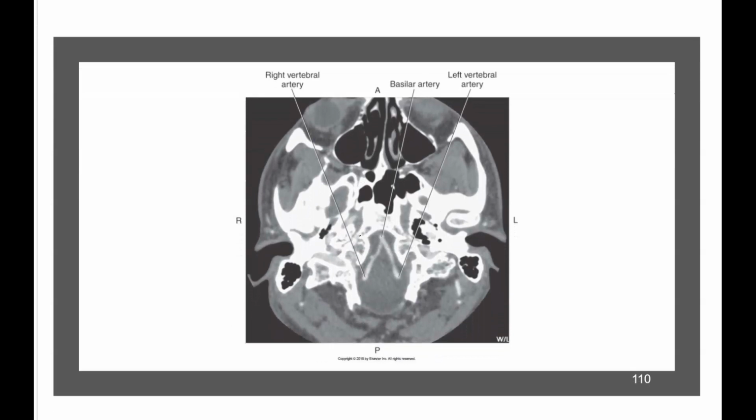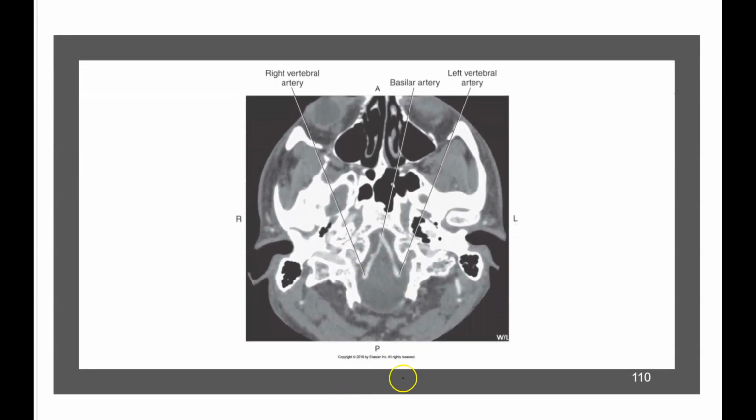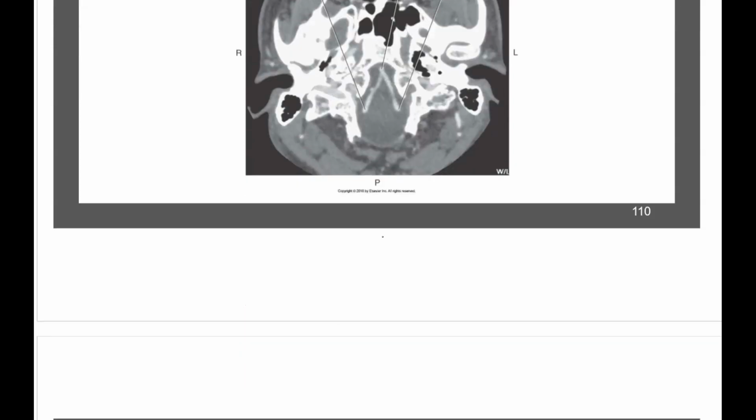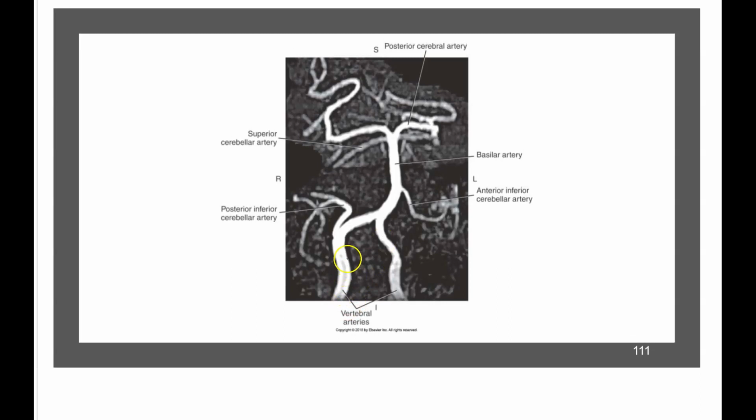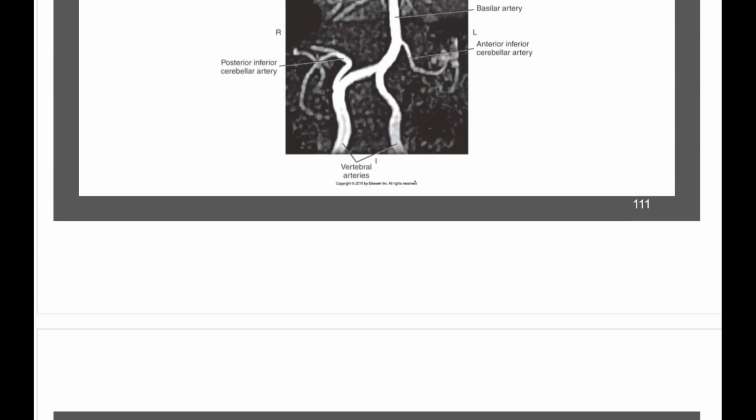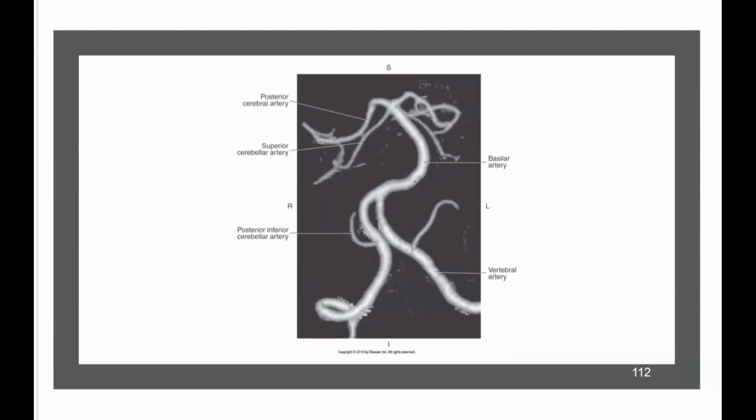All right, so this is a cool shot of the right and left vertebral artery joining for the basilar. So it's a good shot. That's a CT with contrast. And here we have vertebral arteries going to the basilar and to our posterior cerebral arteries. And here it is again.